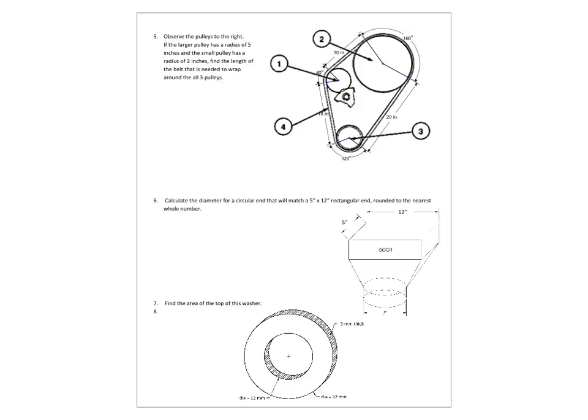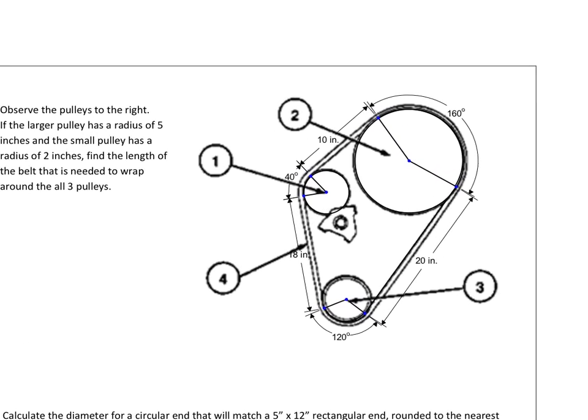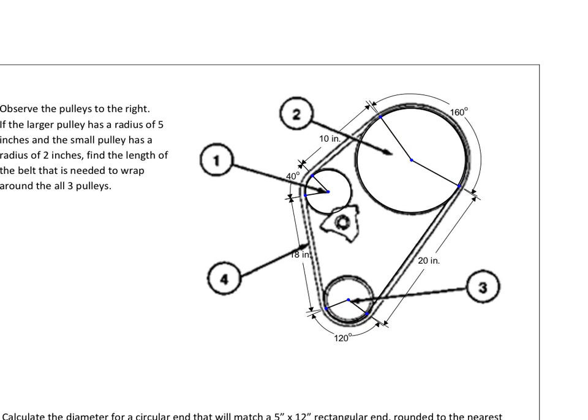Let's move on. All right, this next problem deals with a pulley, and we have this belt that goes around the pulley, and we need to find the length of it here, and it's got some rounded sections and some straight sections.